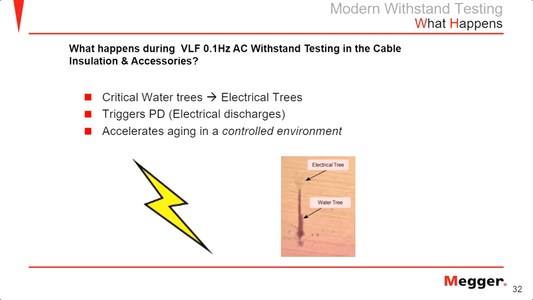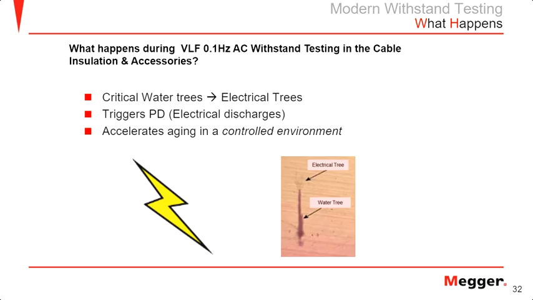Now, what happens during a 0.1 hertz AC withstand VLF test? You're typically converting your critical water trees into electrical trees, and if that was supposed to fail, then it typically fails within service. And it triggers partial discharges to happen within that environment.